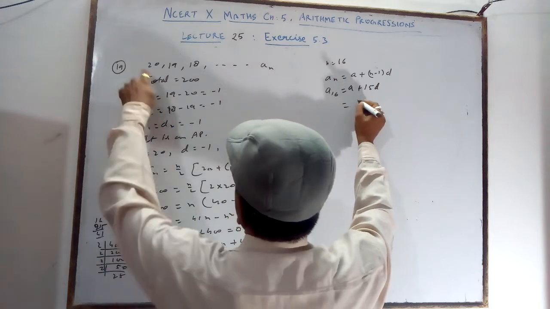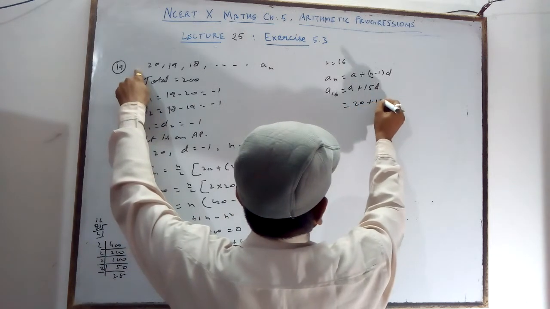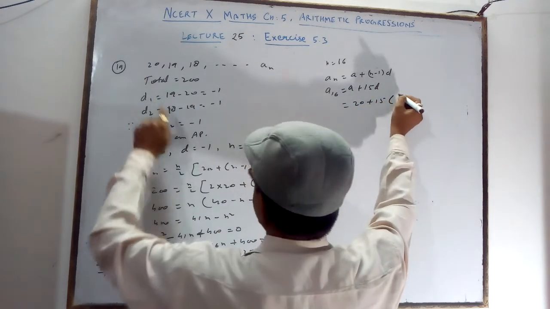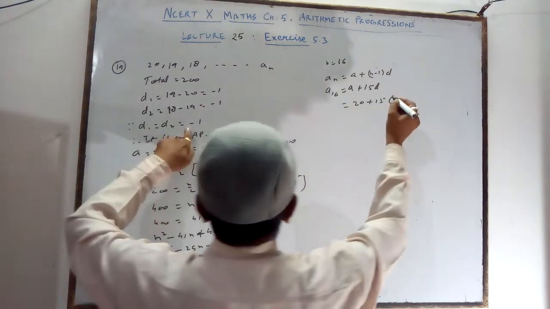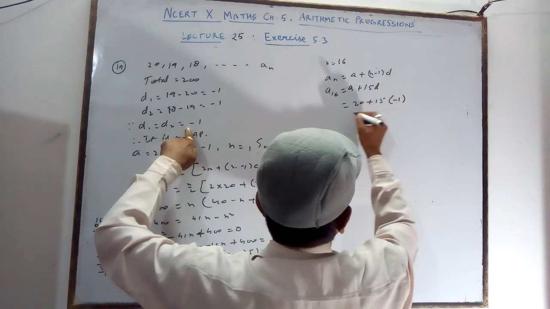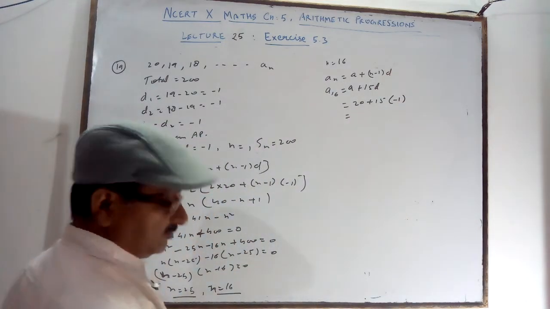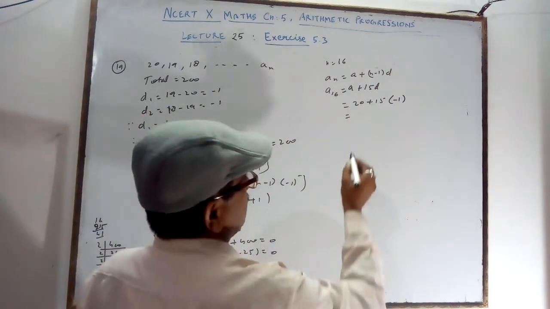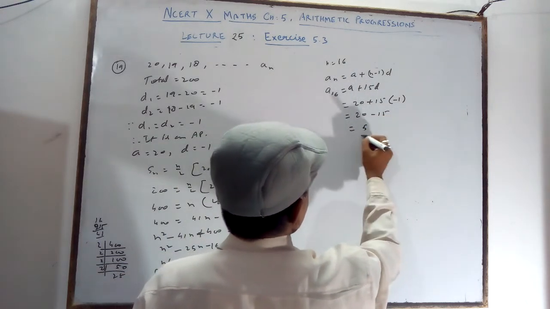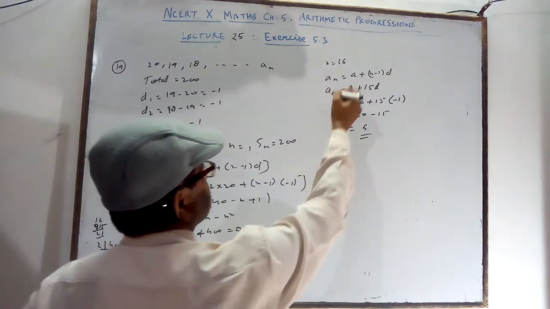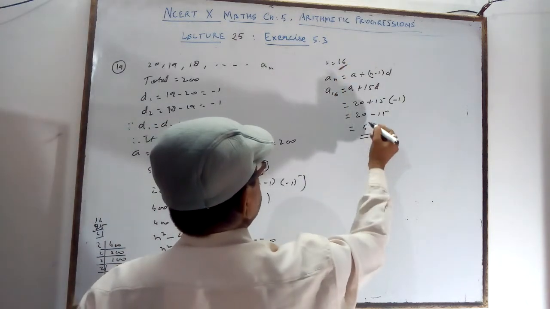What is a? 20. 20 plus 15 into d, which is minus 1. So you are getting 20 minus 15, which is 5. If there are 16 rows, then the top row has 5 logs.